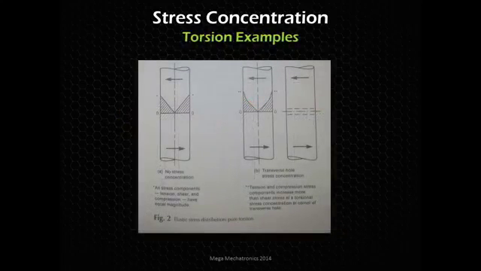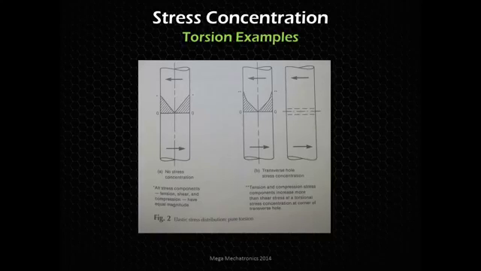Now let's look at torsion. This is where we're twisting this rod or this part right here. Again, on the left, there are no stress concentrations. Because we are twisting it, there's no stress in the middle, almost like a pivot point, and the max stress is on the very surface, and that's just how materials react under torsion.